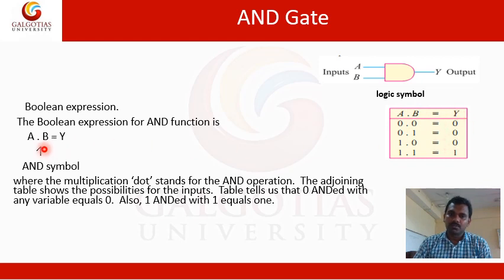So it is simply the product of two inputs, we can say. So ANDing is the property of this AND gate, and this is the truth table. So we have discussed the AND gate, its symbol, its truth table.